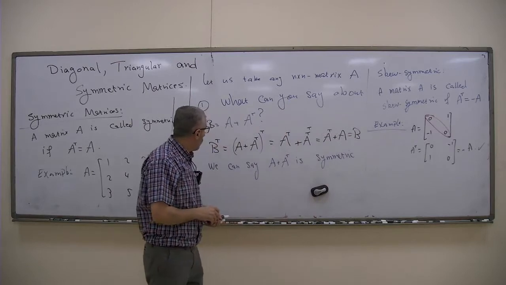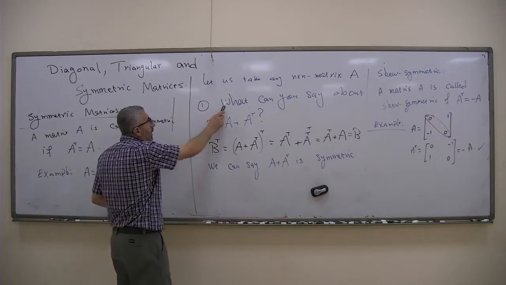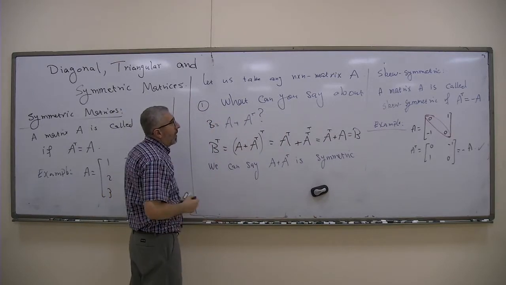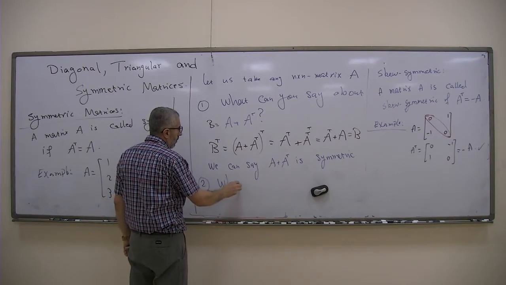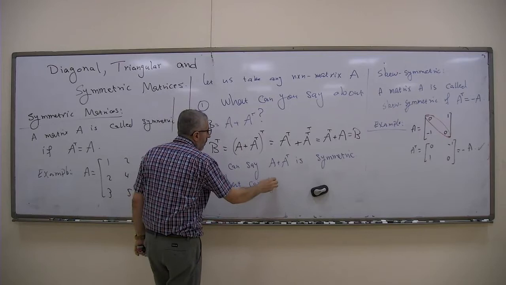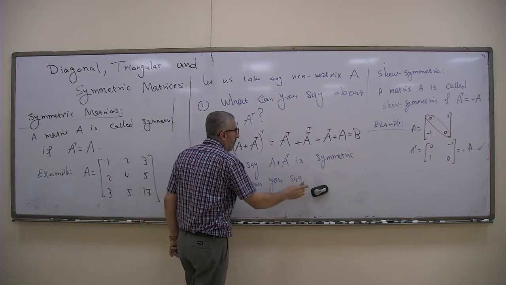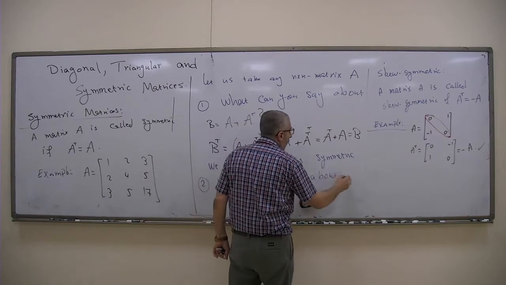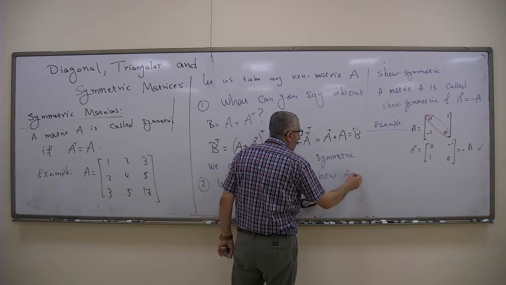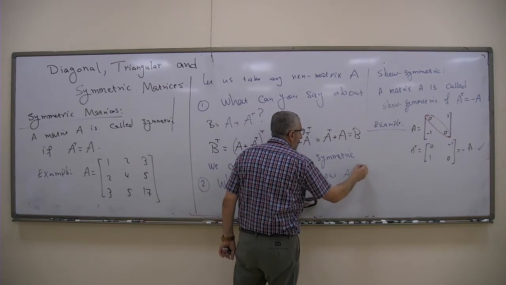Okay? All right. Now let me go back here. I have an n by n square matrix. What can you say about A minus A transpose?